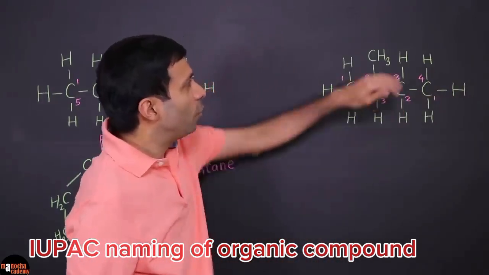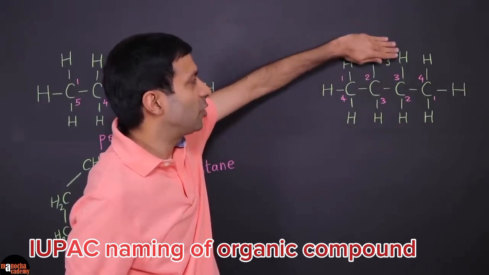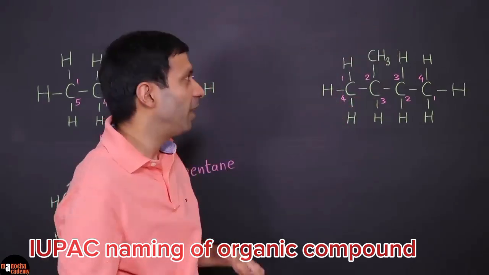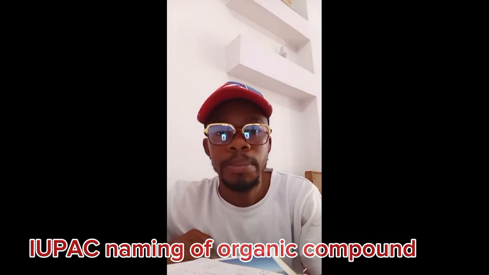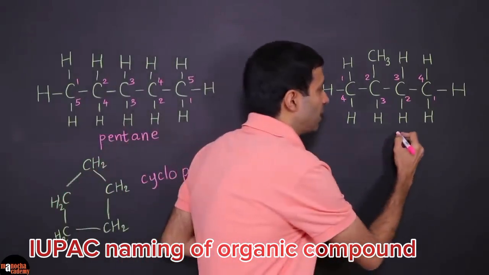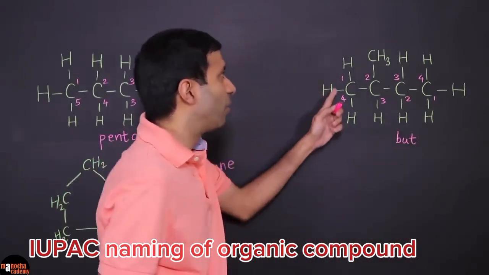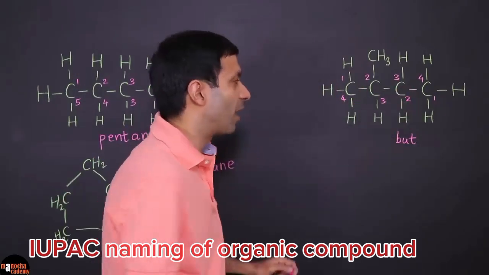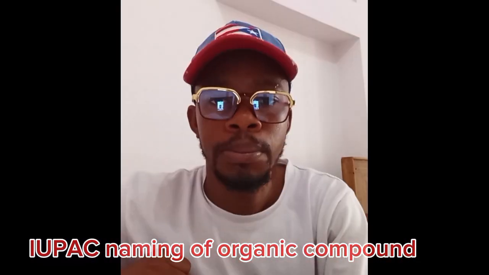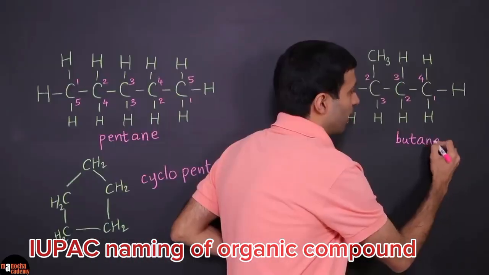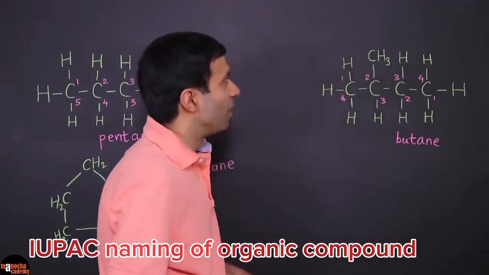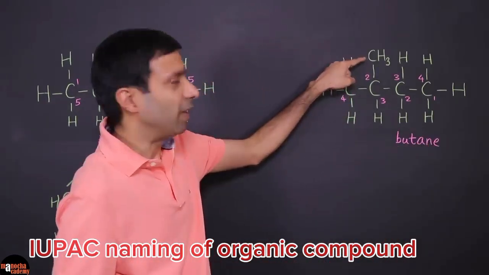So if we ignore this attachment of CH3 for a moment, what's the name going to be? 4 carbon means it's going to be but. And since there are only single bonds between the carbon atoms, it's butane.